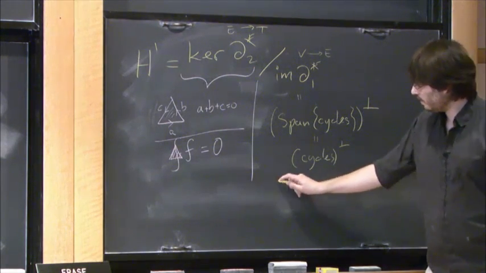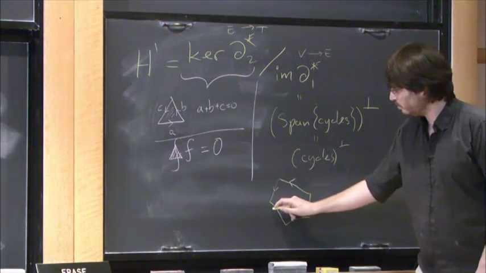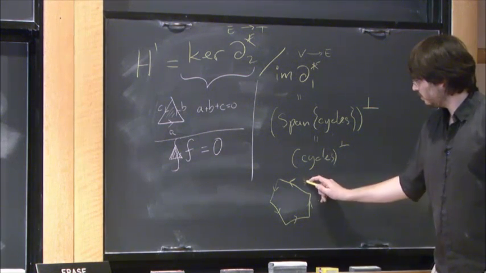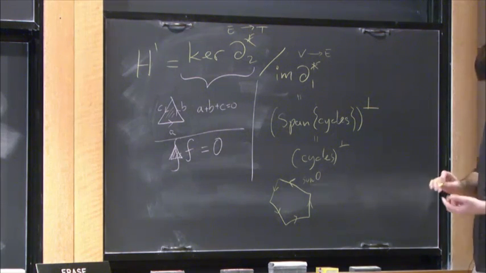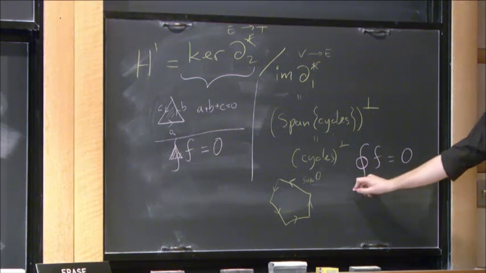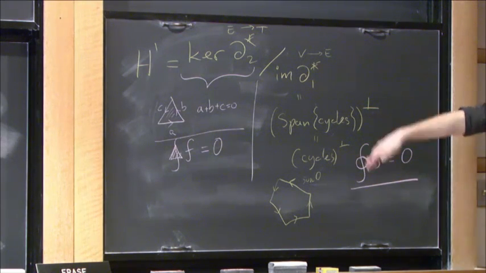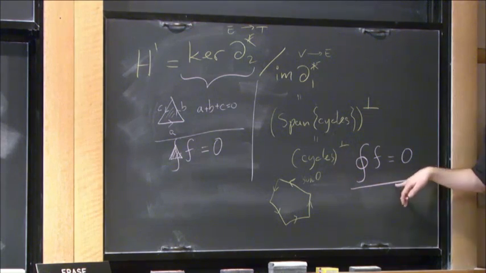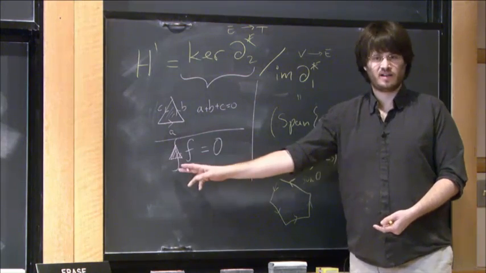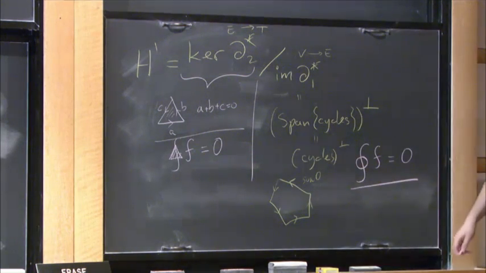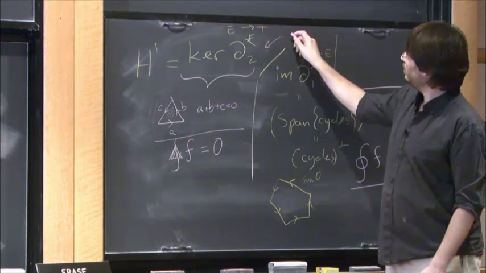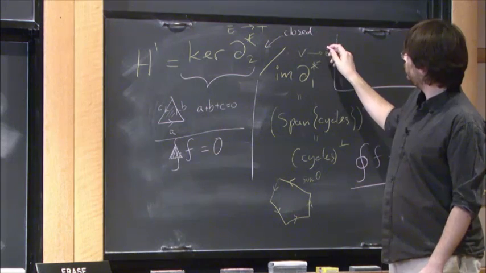It means that for any closed path, not just around a triangle, I need the sum to be 0. Think about it as line integration. The line integral should be 0 around any closed path, versus only around paths which surround triangles. Now if you have a background in physics, you will call these, I think, closed and exact.